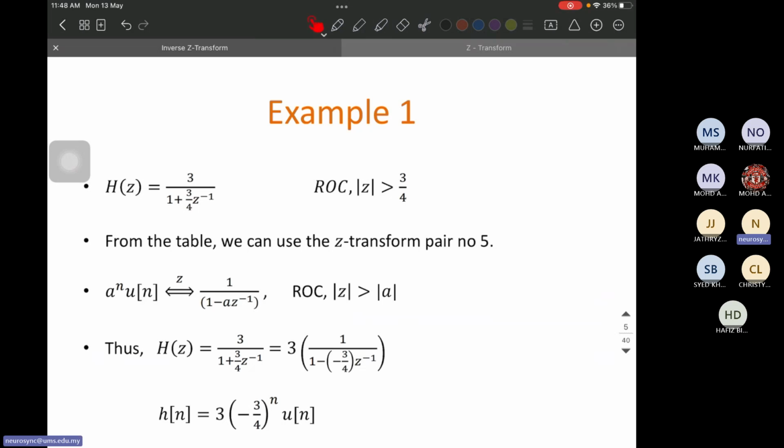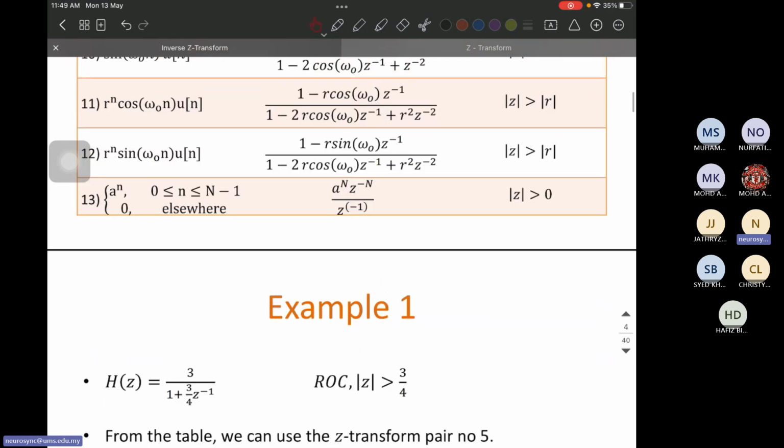Now, from the table, we can compare this with 1 minus a z to the power minus 1, where a is equal to minus 3 by 4. Correct? If we take this 3 outside, this is 1 by 1 minus of minus 3 by 4 z to the power minus 1.